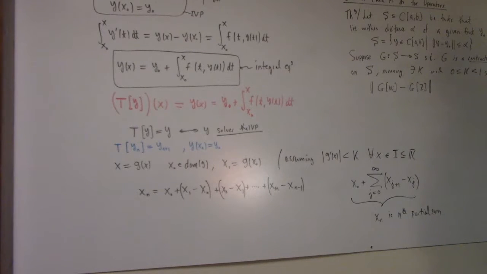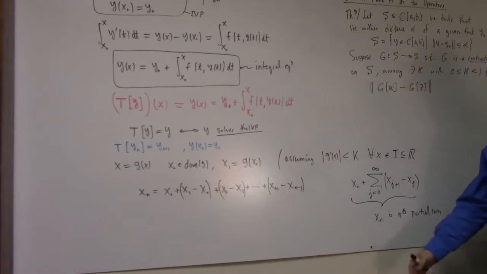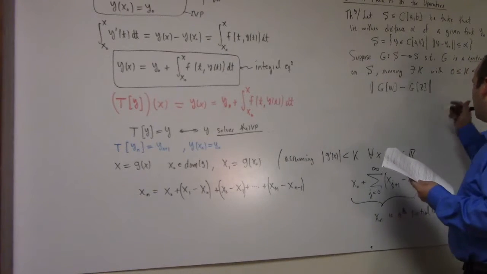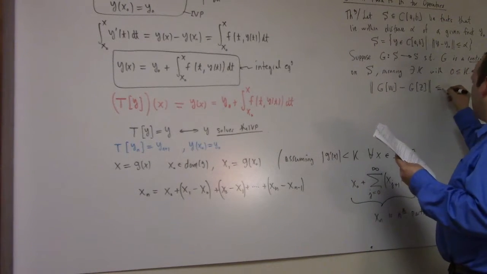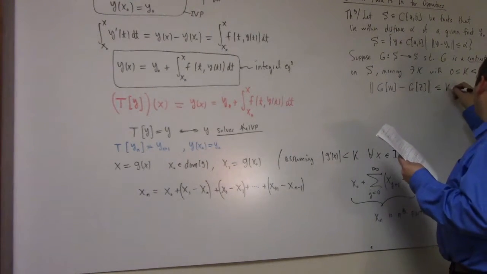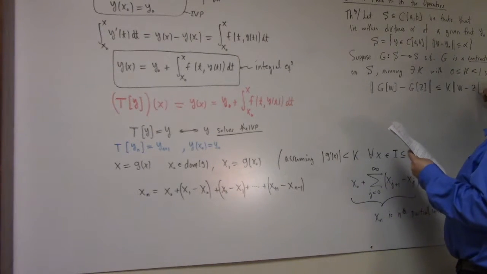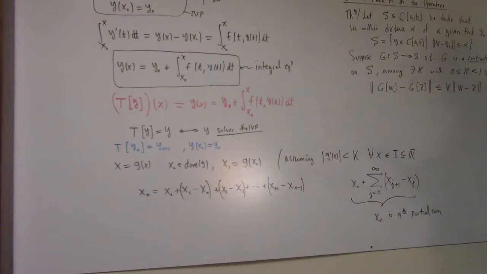But this all seems rather ad hoc to me, because an operator is just a function of functions, so what's the big deal? Okay, fine, it's notation. K times the norm of W minus Z, and that has to be true for all W and Z in S.